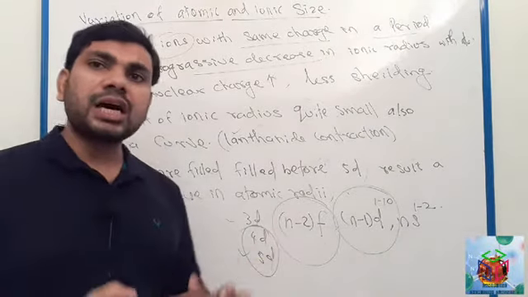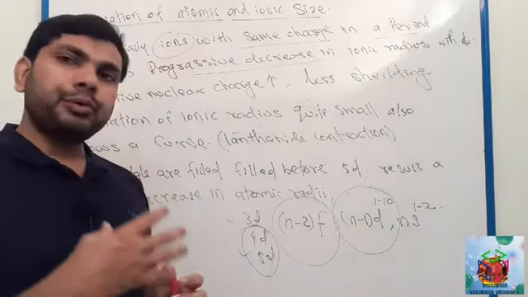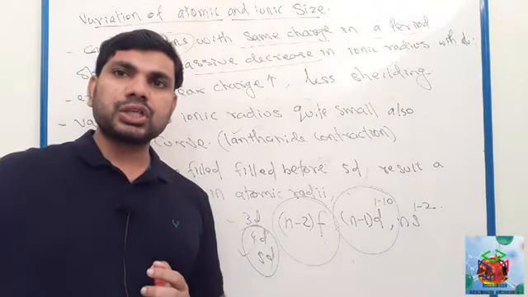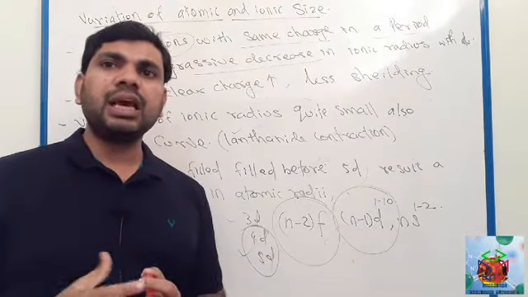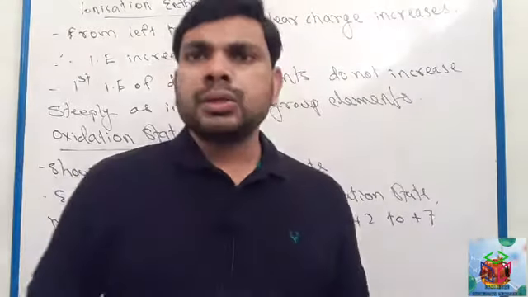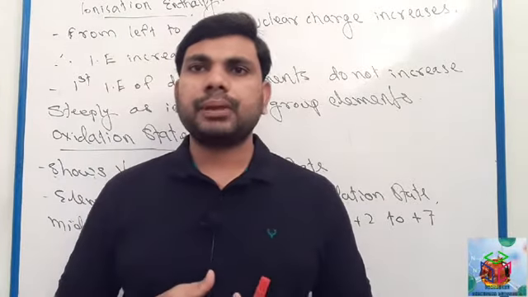F orbitals are showing less shielding. So the effective nuclear charge can affect outer shell electrons more effectively. That's why this process happens. Clear? So next we have to discuss ionization enthalpy.